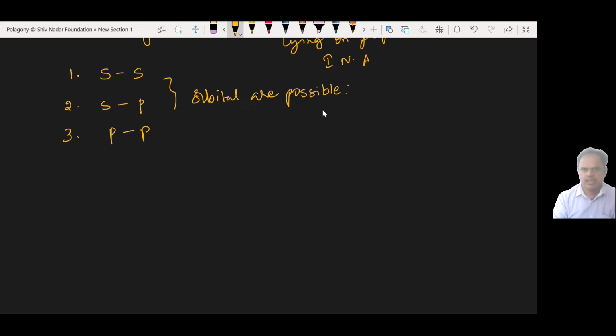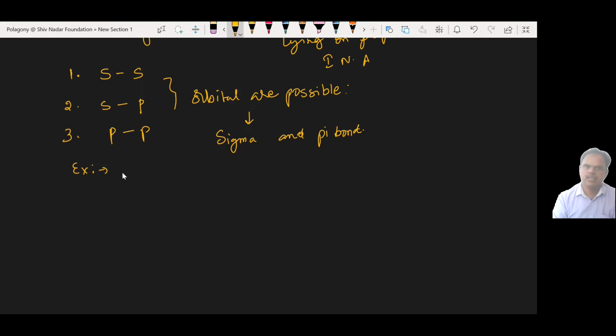These overlaps give rise to two types of covalent bonds: one is sigma, another is pi bond. Let us discuss an example for each: SS orbital overlap bond formation, SP orbital overlap bond formation, PP overlap.